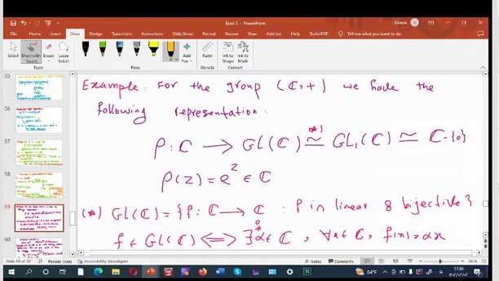And we have this example again for the group G by this binary operation.